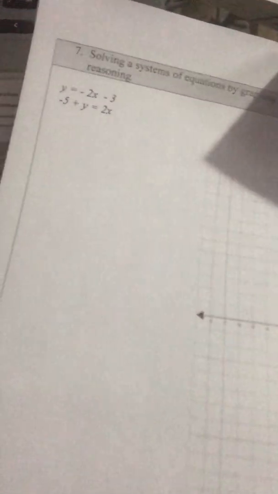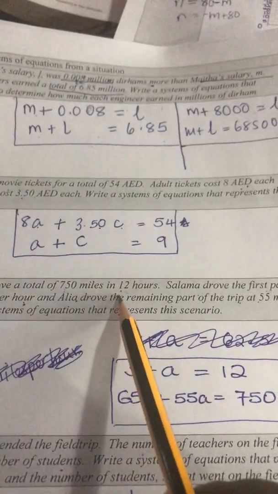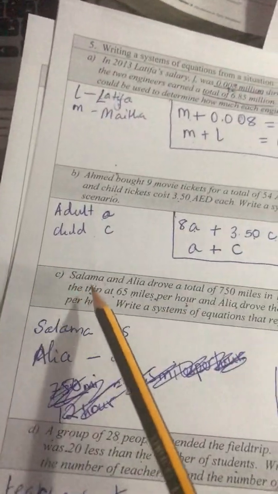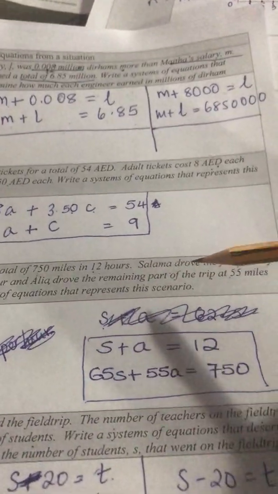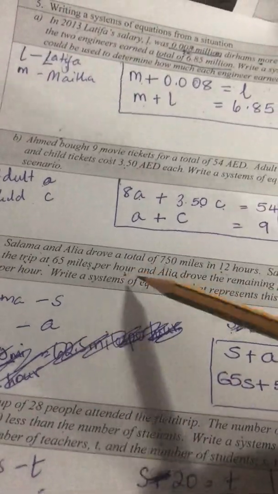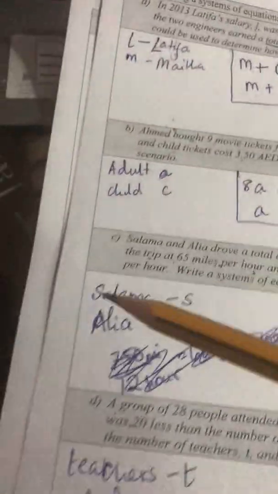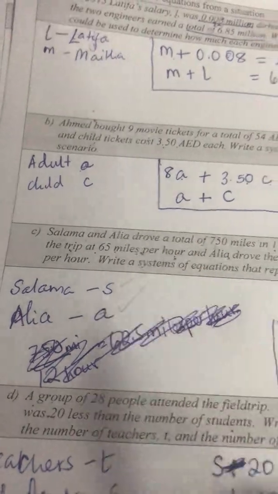Alright, before we move on, I wanted to show you the question I told you for Salama and Alia. Salama and Alia drove 750 miles in 12 hours. Salama drove the first part of the trip at 65 miles per hour, and Alia drove the remaining part of the trip at 55 miles per hour. Write the systems of equation. S will represent Salama, A will represent Alia.